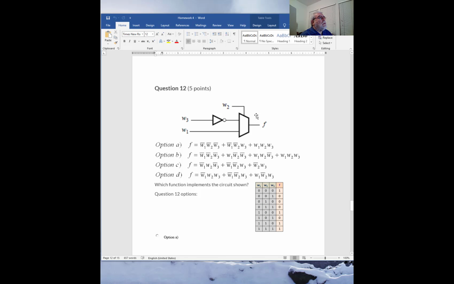So all we need to do is just get for W2, again, we'll assume that W2 0 is this port on the upper side, and W2 1 is this. And then we start looking one by one. If W2 is 0, then if we're selecting this, so if W3 is 0, we have a 1, but if W3 is 1, this is 0. So this is pretty much what the truth table looks like.